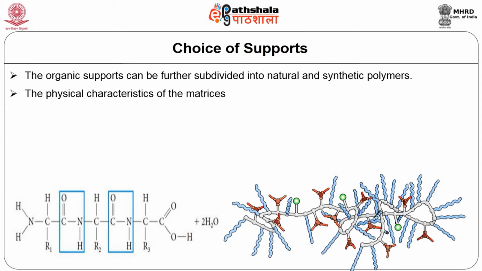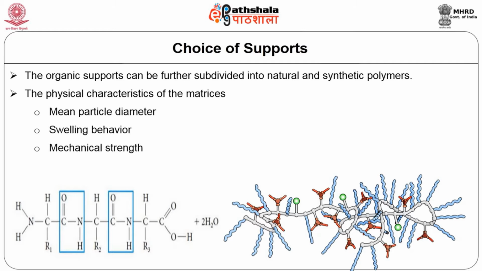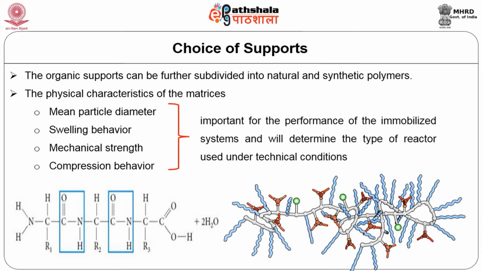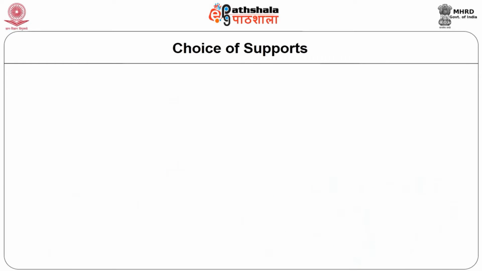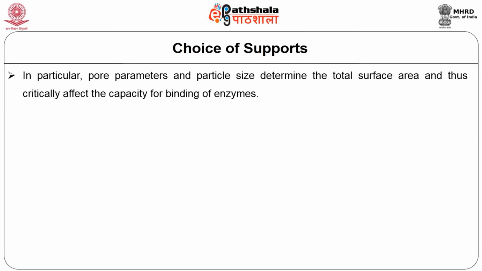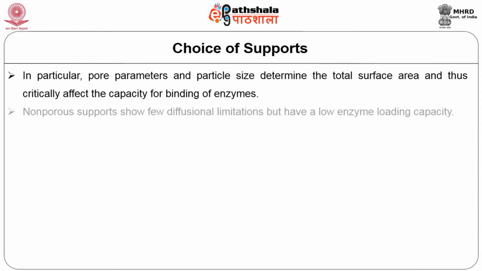The physical characteristics of the matrices such as mean particle diameter, swelling behavior, mechanical strength and compression behavior will be of major importance for the performance of the immobilized systems and will determine the type of reactor under technical conditions. In particular, pore parameters and particle size determine the total surface area and thus critically affect the capacity for binding of enzymes.